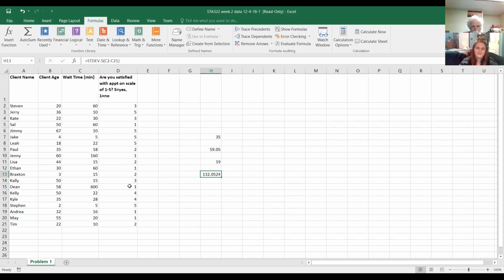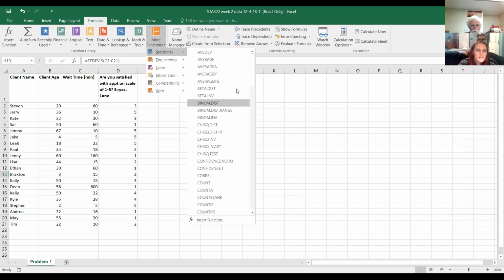So at least we can look at that and say, well, maybe they waited that long, and maybe this was just what they estimated. Who knows? But the data are there. So does that make sense for how we use these functions? Yes. Okay.